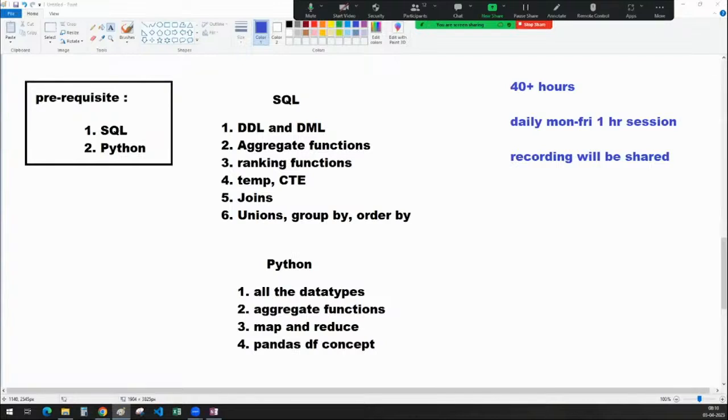I cover what is the data, because when we talk about relational databases, I would talk about what is the data, what are the classifications of the data, what is meant by structured, unstructured, semi-structured data. And what are the types of databases available: DBMS, RDBMS, and NoSQL databases. So from very basic to the advanced level, where we will be able to automate the data pipelines. Until the automation, we will be covering every aspect.